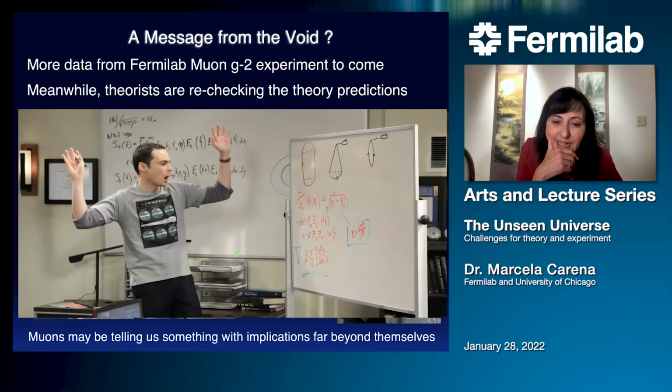So muons may be telling us something with implications far beyond themselves. We see here Sheldon quite excited. But where are we standing now? We have already collected about 10 times more data than what we have analyzed, and this will be analyzed in the next 2 years.